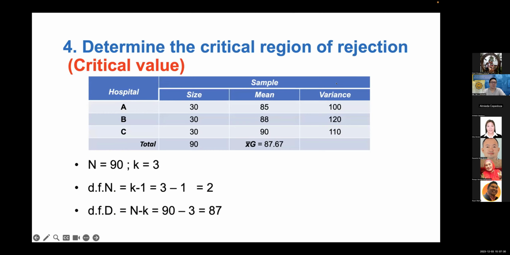To get the numerator for your degrees of freedom when you check the F distribution table, we will get 3 minus 1, so it becomes 2. So 2 is our degree of freedom for the numerator, while the denominator, or the lower portion of the table, is 87. Sorry, Doc Tim, hindi pala to Excel.